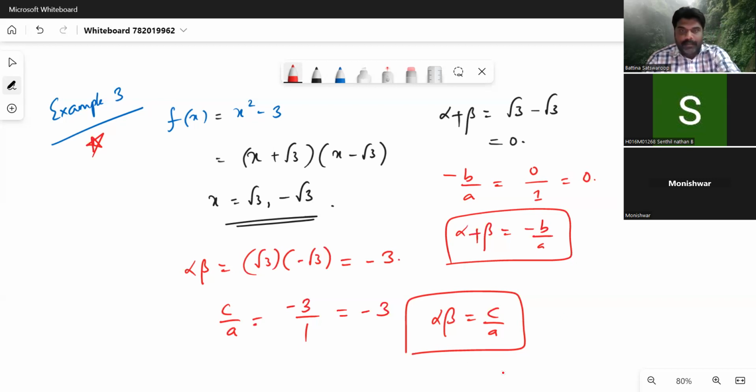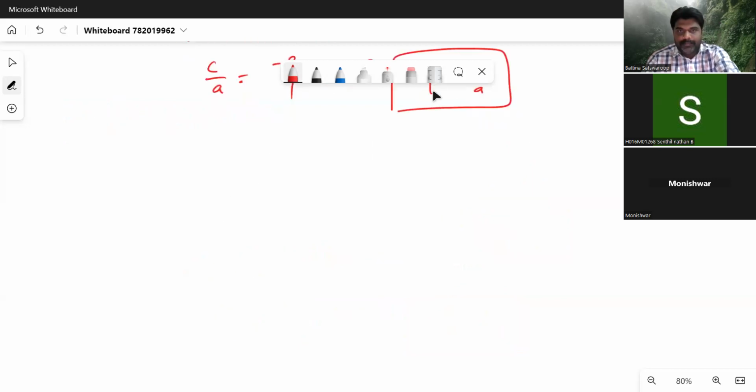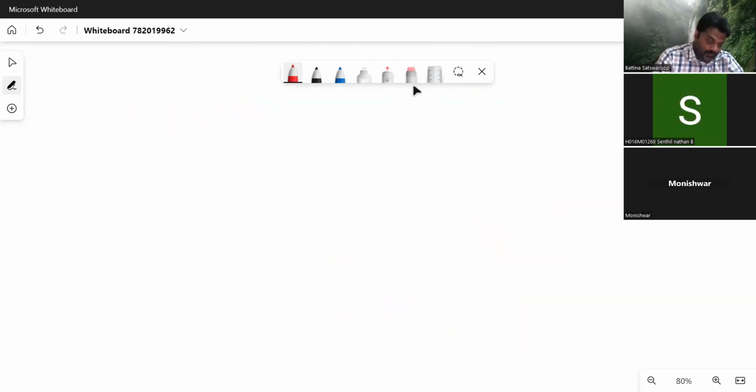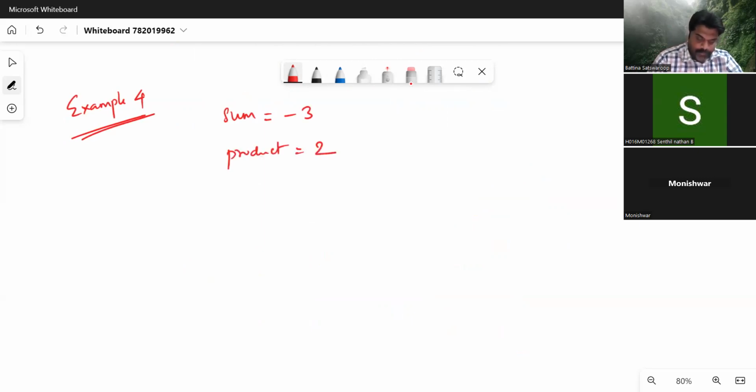Next one, example 4. You can do this one. They are giving that the sum of zeros is minus 3 and the product of zeros is 2. Can you tell the polynomial?